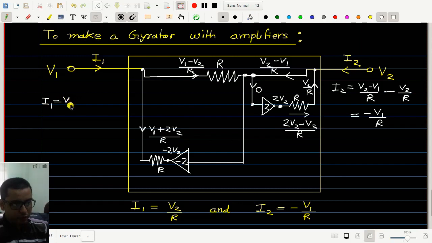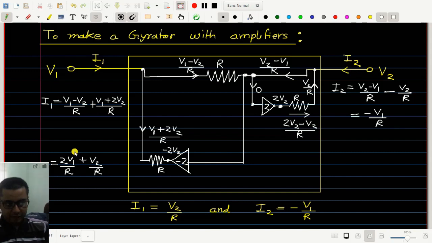This is V1 minus V2 by R, and here we have plus V1 plus 2 V2 by R. So together this is equal to 2 V1 plus V2 divided by R. Now this V2 by R is same as what we want here, but 2 V1 by R is extra here, so we have to cancel this term.